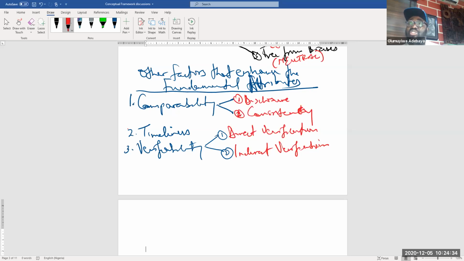All of these are intuitive ways of indirectly verifying the validity of financial information. And finally, financial information must be capable of being understood, which means understandability is key in financial reporting.